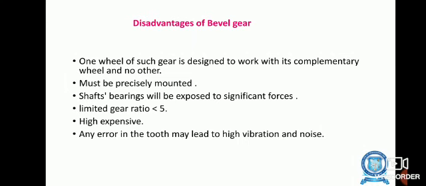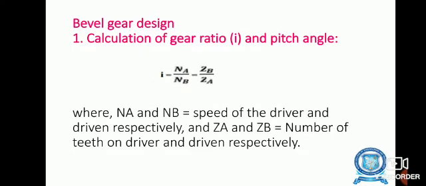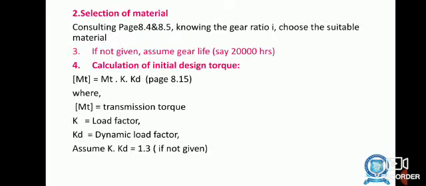Bevel gear design. Step 1, calculation of gear ratio. i equals NA by NB equals ZB by ZA, where NA and NB are the speeds of the driver and driven respectively, and ZA and ZB are the numbers of teeth on the driver and driven respectively. Step 2, selection of the material. Consulting page numbers 8.4 and 8.5, knowing the gear ratio i, choose the suitable material.